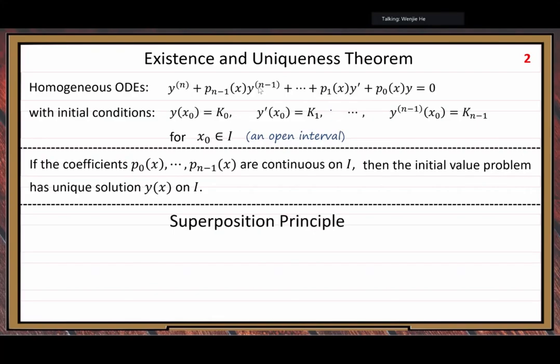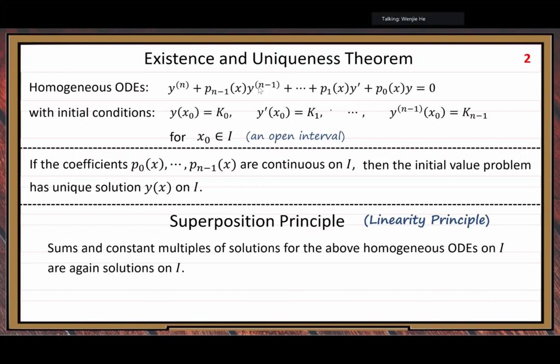Then another simple, straightforward generalization: the superposition principle, homogeneous. We have this superposition principle, also called the linearity principle: sums and constant multiples of solutions.